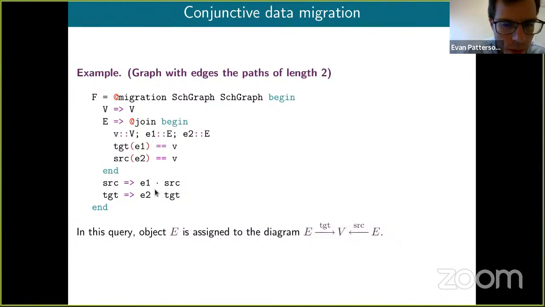Let's walk through this. To give a map from the diagram at E to the diagram at V, I need to give the shape map. Well, the diagram at V is a singleton. So all I need to do is pick out a single object in the diagram at E. So I'll pick out E1, and then I also need to specify the component of the natural transformation at that point.